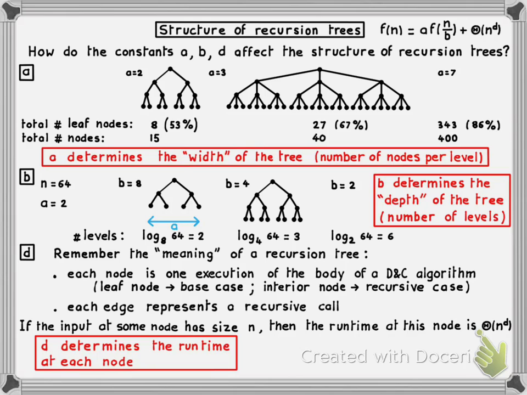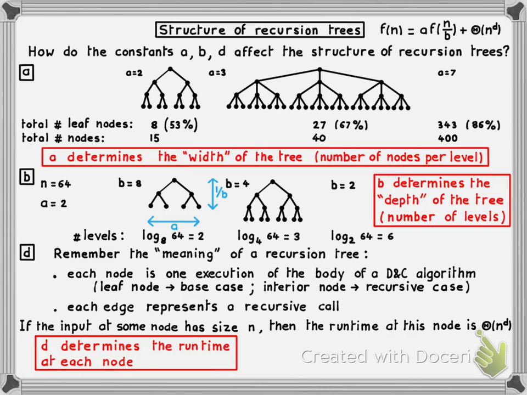Second, we figured out that B determines the height of the recursion tree. That is, the total number of levels below the root node. Now, this relationship is not proportional. It's inversely proportional, which is why I wrote it as 1 over B. That is, the smaller B gets, the larger the height of the tree, the more levels in the tree.